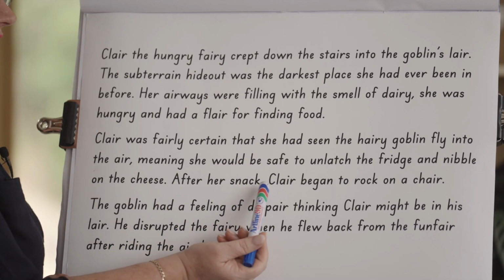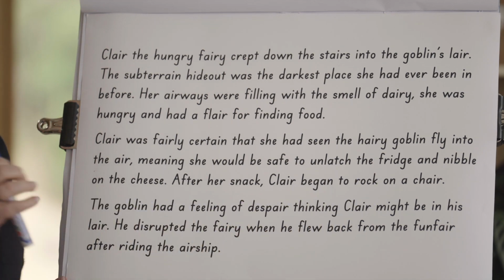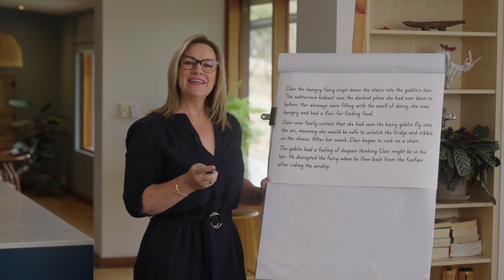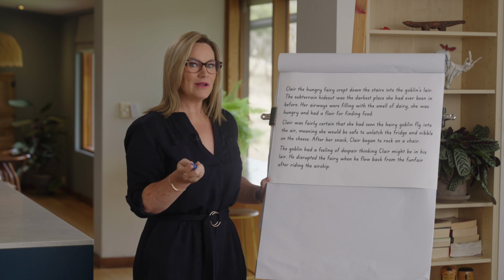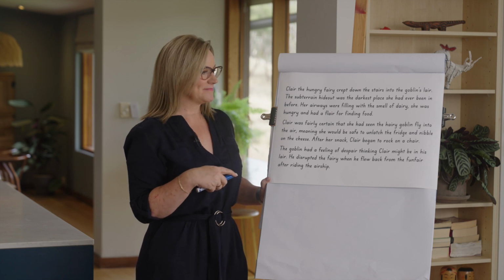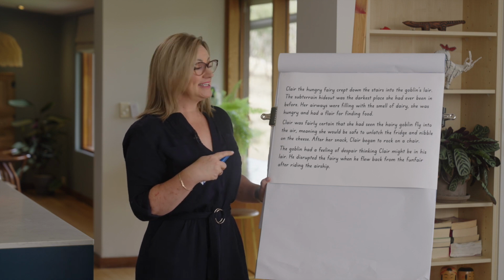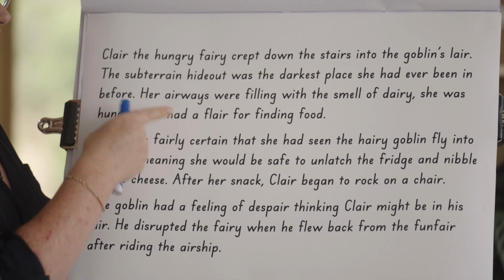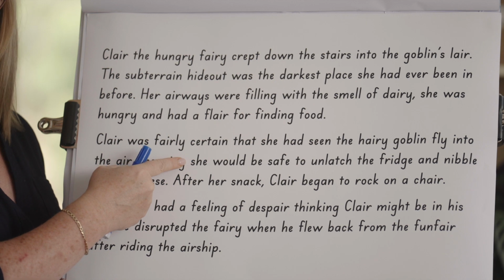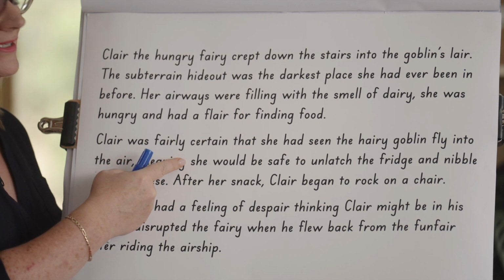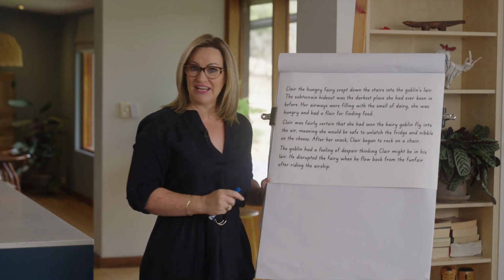After her snack, Claire began to rock on a chair. How do you think Claire was feeling? What do you think she was feeling? Now, Claire obviously has been very sneaky. She has come into someone's lair uninvited and snacked on the cheese.